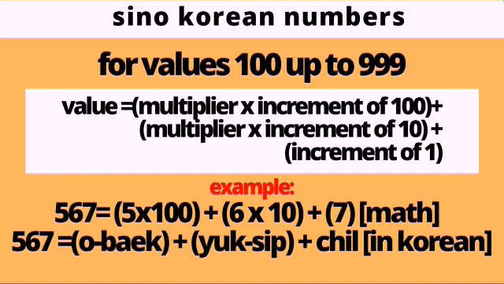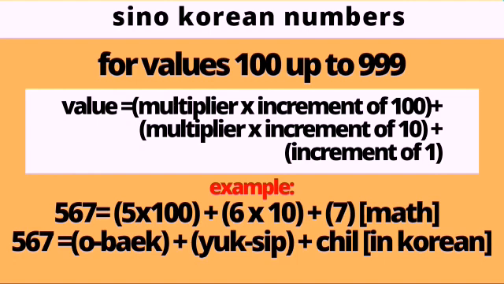Take note that for this given formula and for the previous formula given, multiplier is just equal to 1, 2, 3, 4, 5, 6, 7, 8, or 9, or the increments of 1. As compared to the previous formula, the only difference is that we added the cluster that has the formula for the increment of 100.